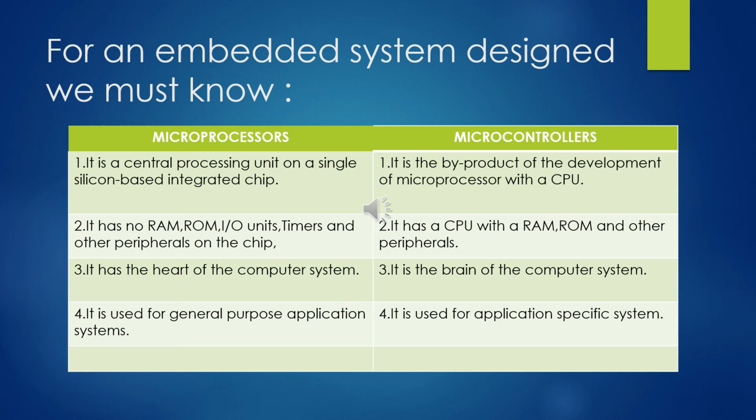But in case of microcontrollers, it is the byproduct of the development of microprocessor with a CPU. It also has a CPU with a RAM, ROM, and other peripherals. It is the brain of the computer, and it is used for application specific systems only.